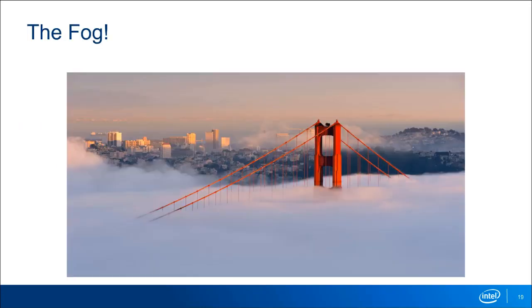The fog. And yes, that's what we are actually calling it these days. Fog computing was a term coined by Cisco, and it refers to bringing some of the critical components of cloud computing down to the edge, or in our case, down to the NUC gateway.